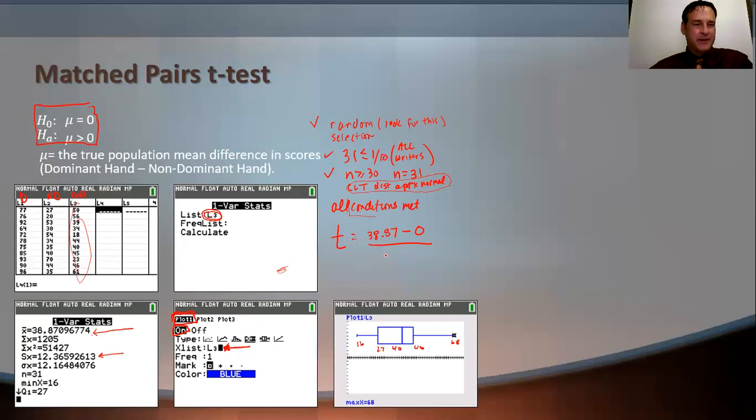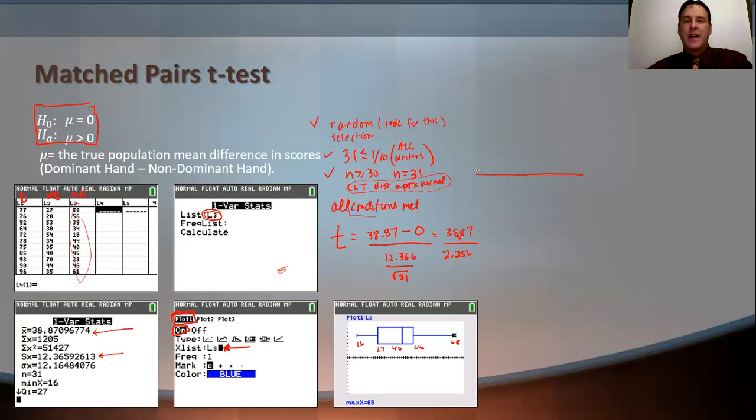Our S sub x is 12.366, basically, divided by the square root of 31. If you do this math, you're going to get 38.87 all over 2.256. And what does that mean?